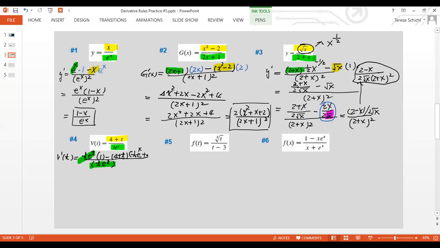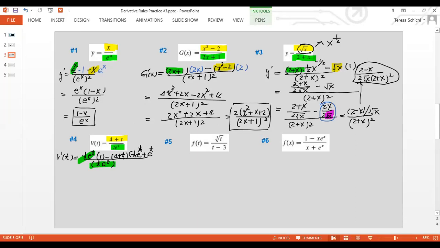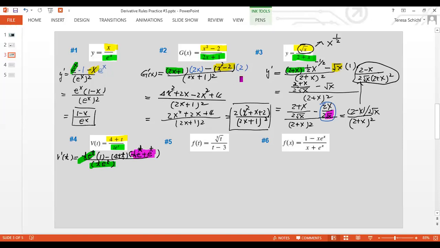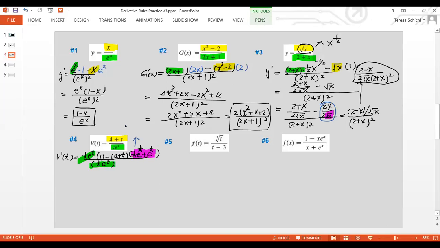Then plus I hold the second one, so this is e to the t, then the t, take the derivative just by itself. So be very careful here. Make yourself a note, because I need to use the product rule because the bottom is t times e to the t.